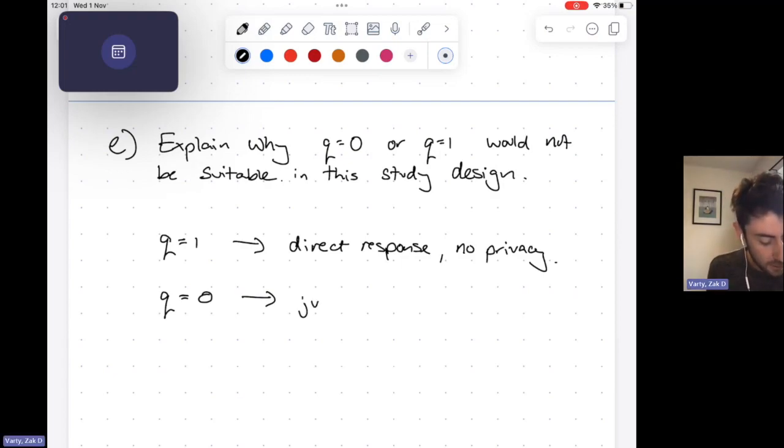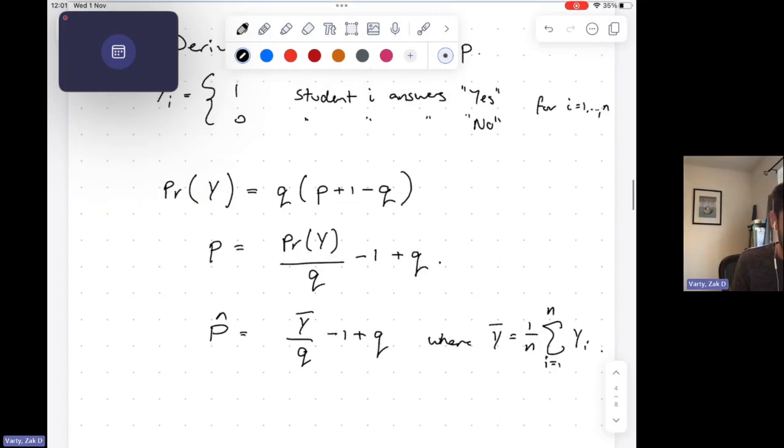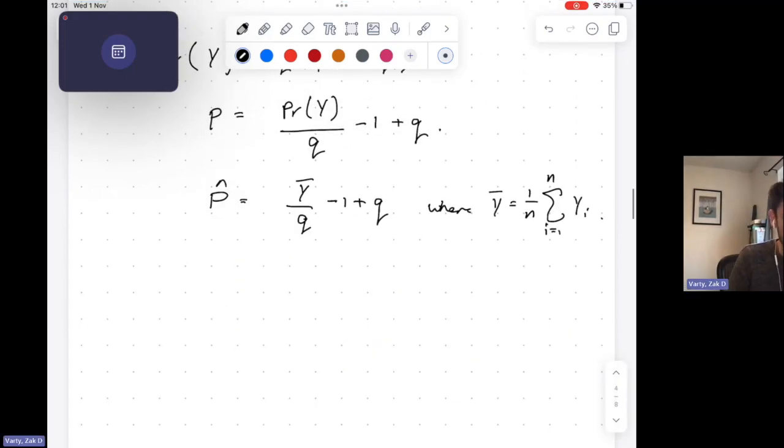Our data is just noise. And a smaller additional reason, where this would fall apart, is that our method of moments estimate here requires dividing by q. So our estimator isn't even well defined when q is equal to 0, where at least it is defined for q equal to 1.